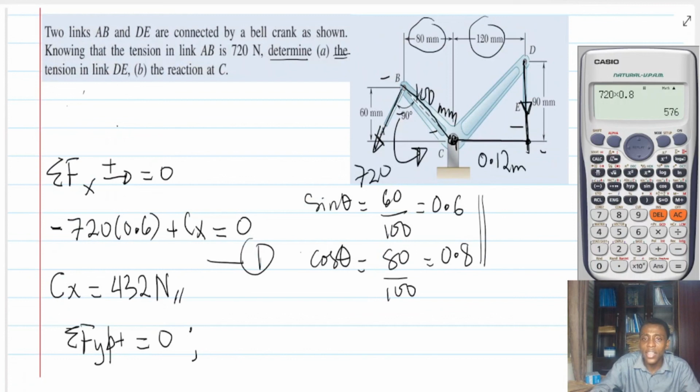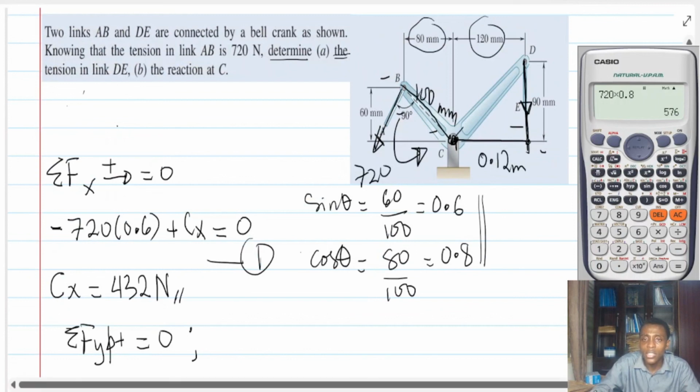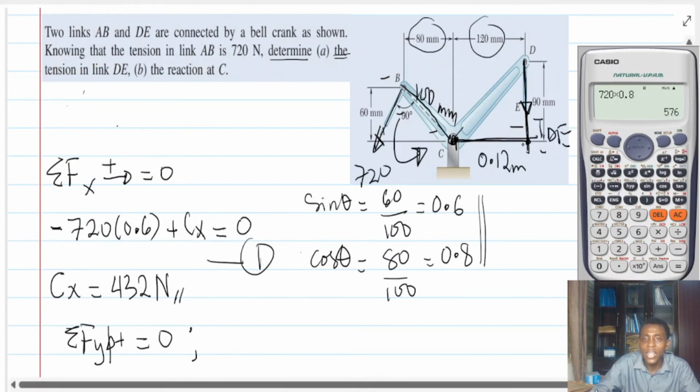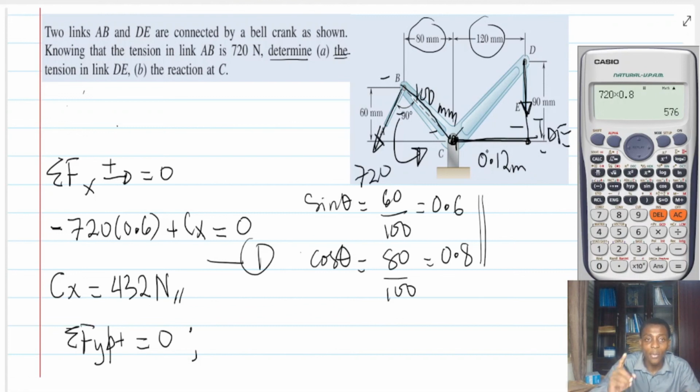And then over here, this force is here, then this is 0.12. That is TDE. So this is TDE multiplied by perpendicular distance, which is 0.12. And the moment is going to cause it in this direction. Don't follow my hand, I'm opposite to you.